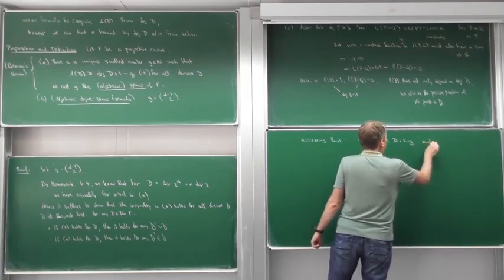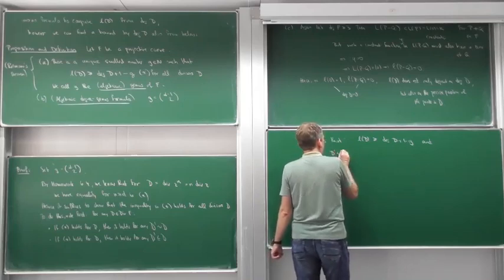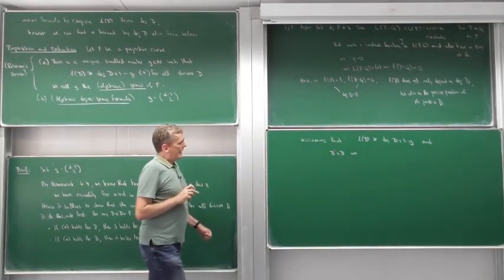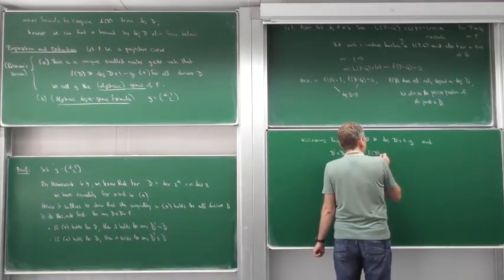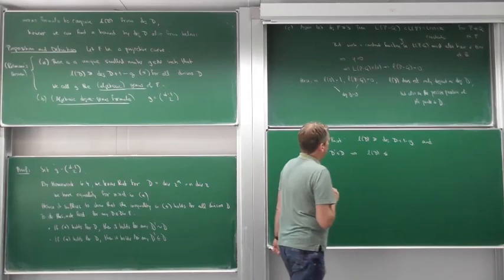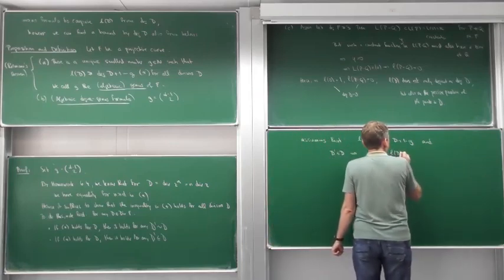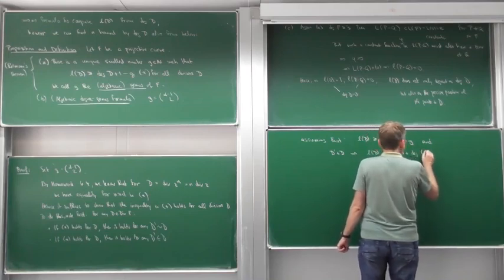And what do we have? D prime is less than or equal to D. That means by our lemma, L of D was bounded from above by L of D prime plus the degree of D minus D prime.